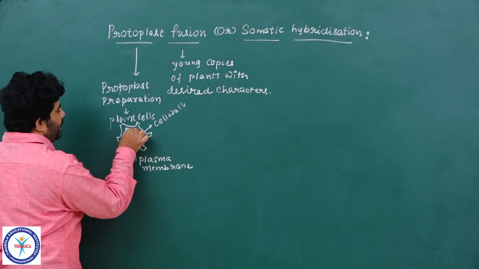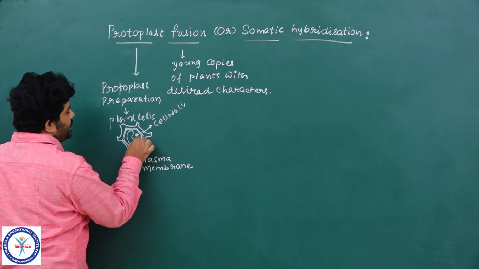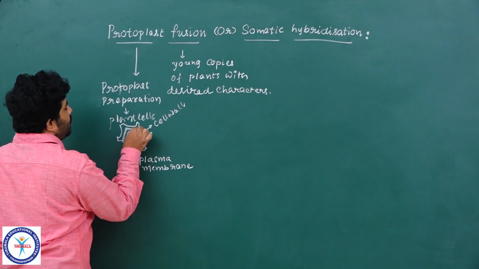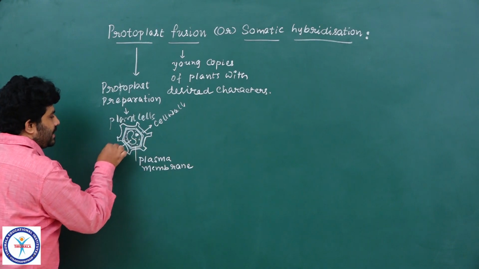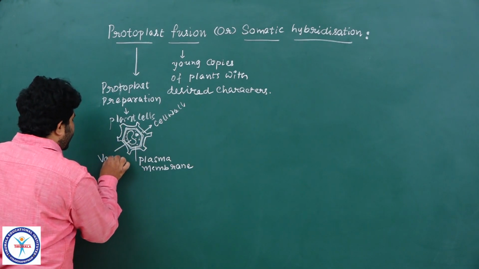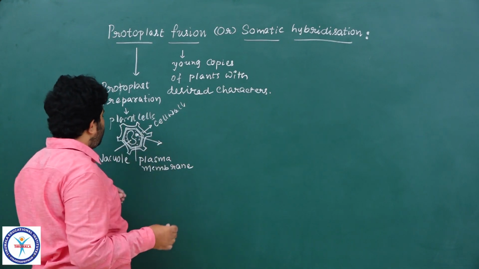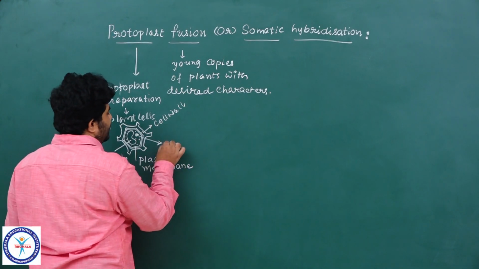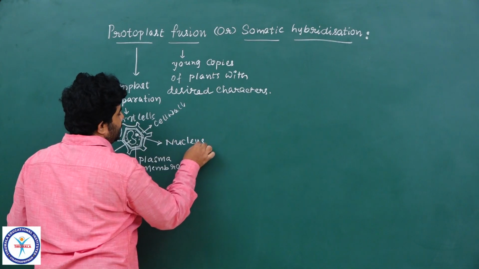The remaining cell constituents and cytoplasm are present here. In the plant cell the maximum area is occupied by a cell organelle called the vacuole.